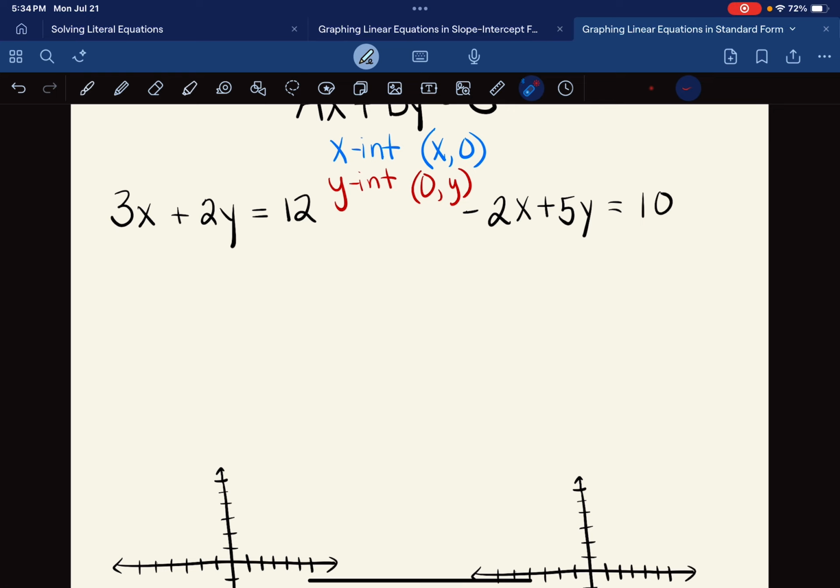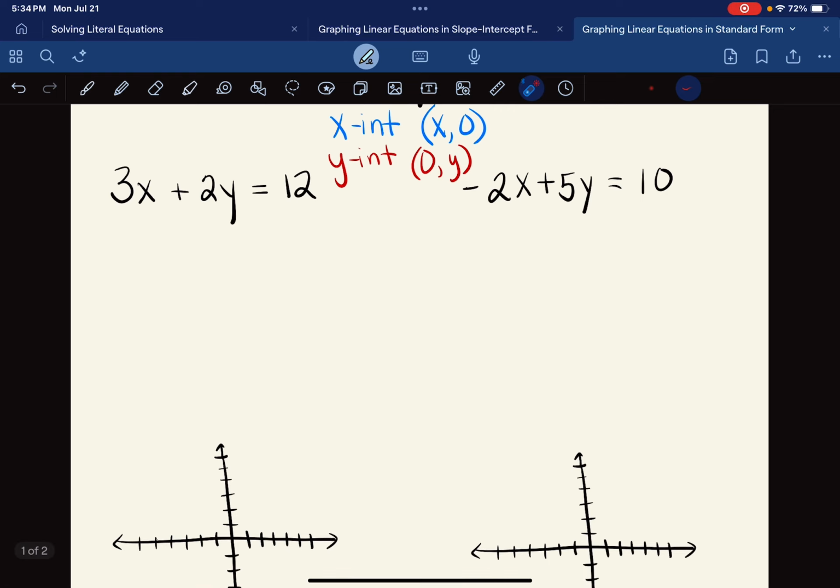All right, so let's use that information. 3x plus 2y equals 12. If I want to find my x-intercept, I am just going to substitute in the number 0 for my y variable right here. So let's rewrite this. 3x plus 2 times 0 equals 12. Well, what's 0 times anything? It just gives us 0. So this 2 times 0 just cancels out.